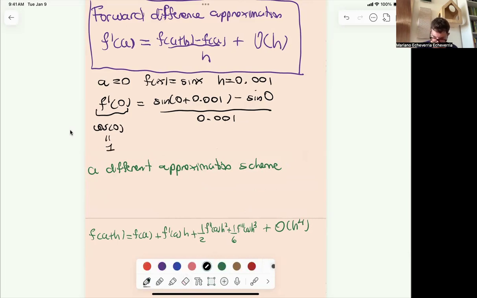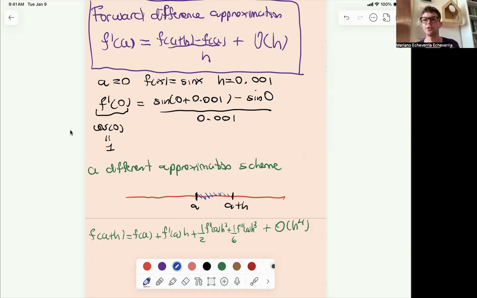You have the real numbers, the number line. Here you have the number A, and here you have A plus H. Usually you're thinking that H is positive, that's the usual convention when you're drawing things on the line. That's why this is called forward difference, because it approximates the derivative using A and the point A plus H, which is a little bit after A.